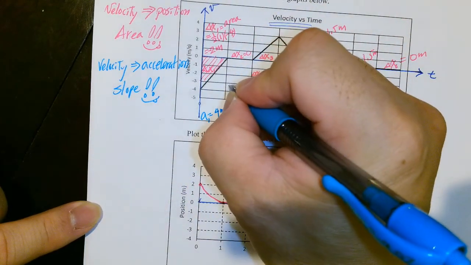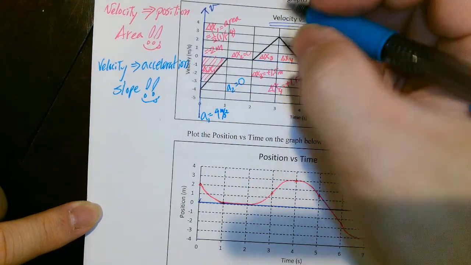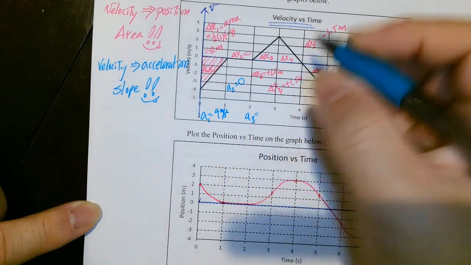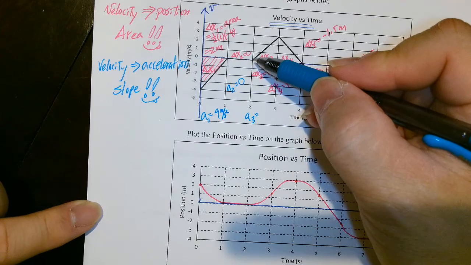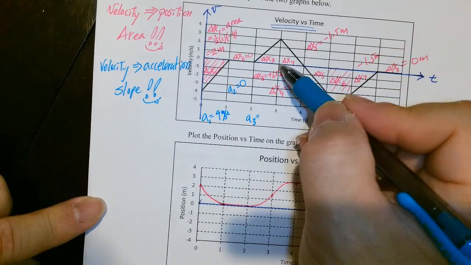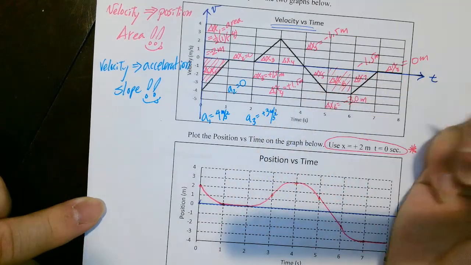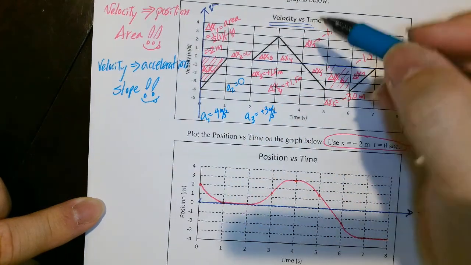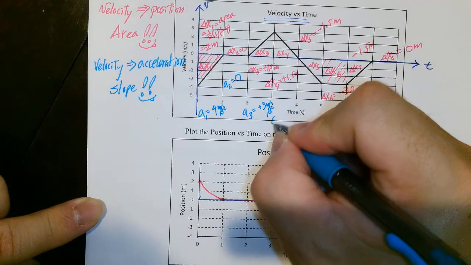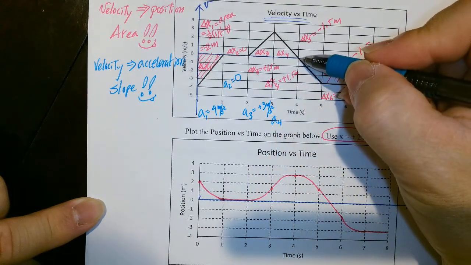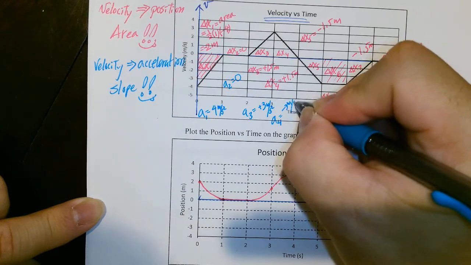My A2 is 0. My A3 is 3 minus 1, right? Divide by 1, so it's positive 3 meters per second squared. Here, my A4 is 0 minus 3 divided by 1, so it's negative 3 meters per second squared.